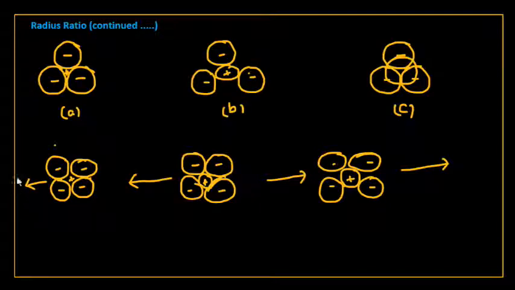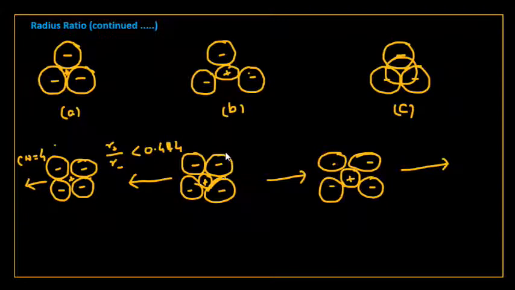So here coordination number is equal to 4 and a stable tetrahedral structure. In this case the radius ratio, that is radius of cation upon radius of anion ratio, is less than 0.414.